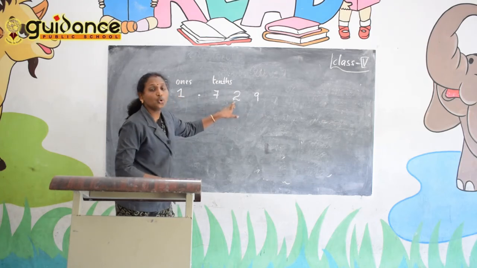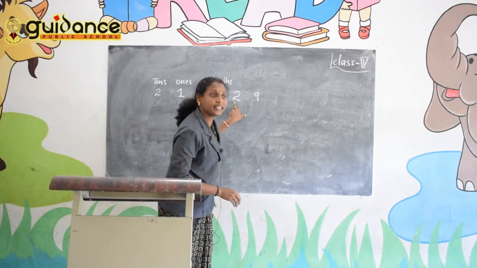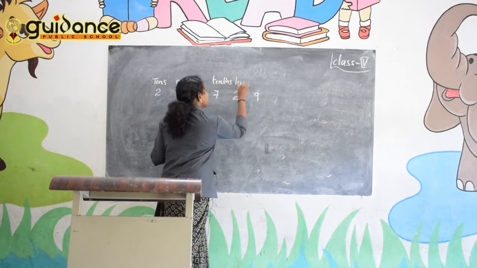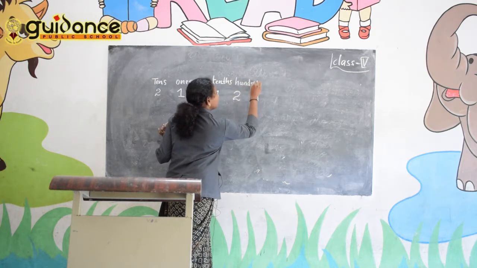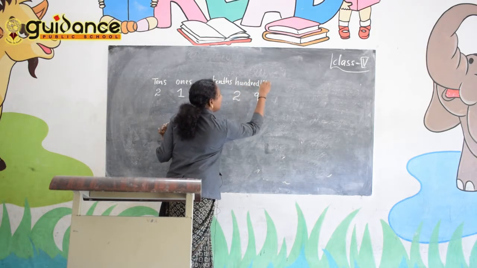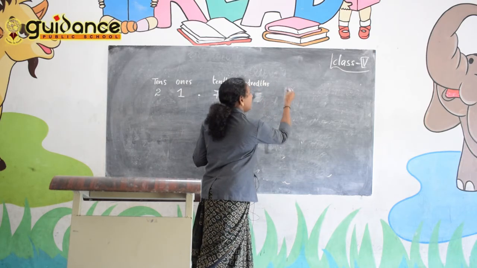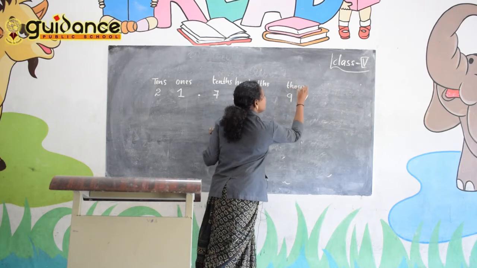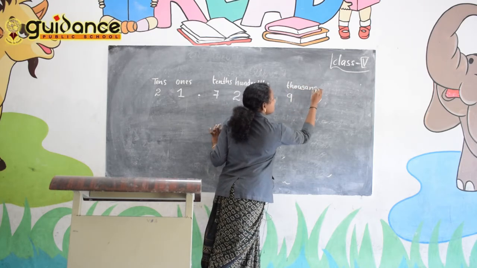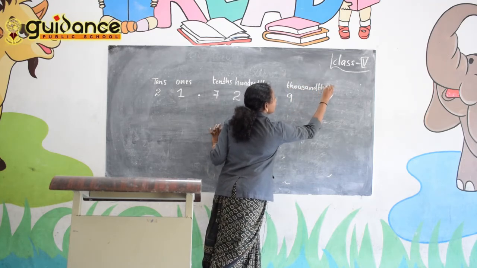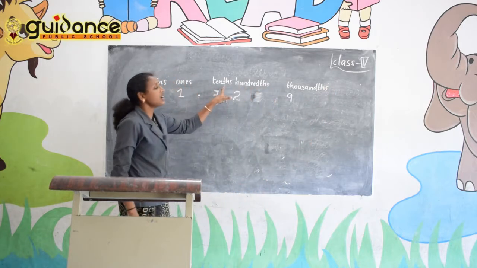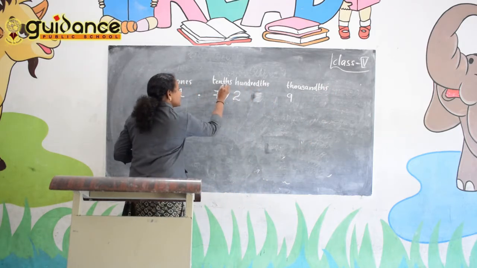And what about 2? 2 is in the hundredths place. Then the 9 is in the thousandths place.